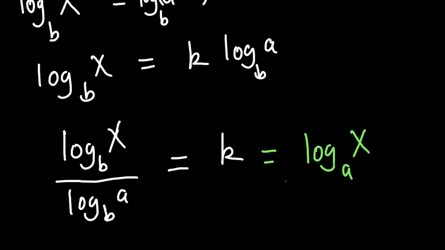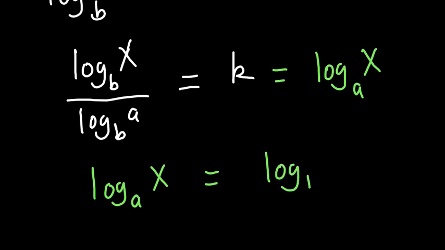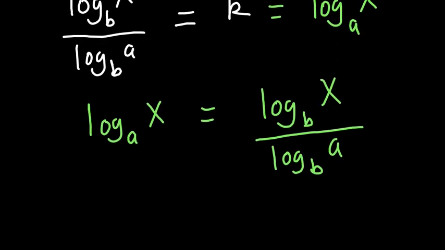We simply substituted. So by substituting, we have actually changed the bases. So our final result is now log x base a is actually equal to log x base b over log a base b. So this is our final result.